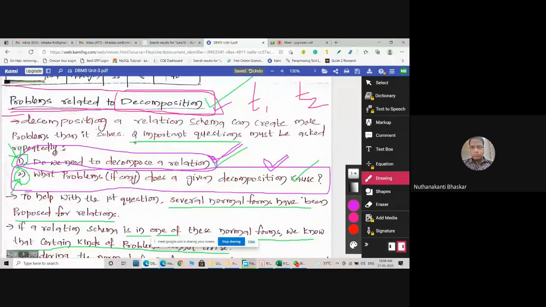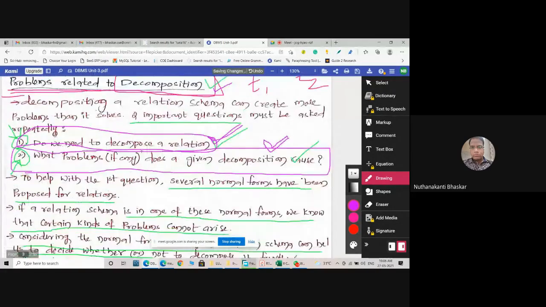These decomposition questions are a continuous process whenever you apply any normal form. Clear? All of you clear? Yes, sir. So remember this.